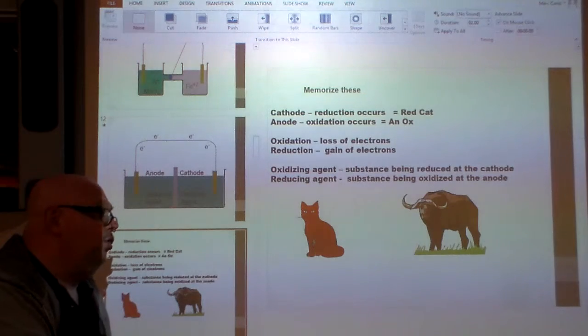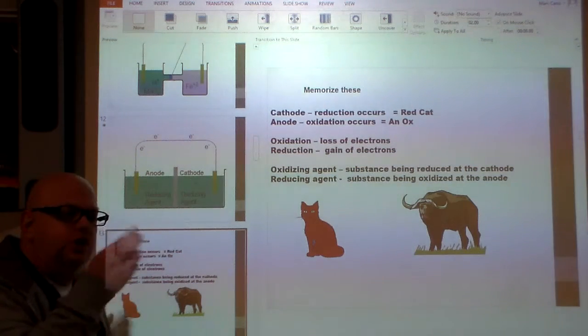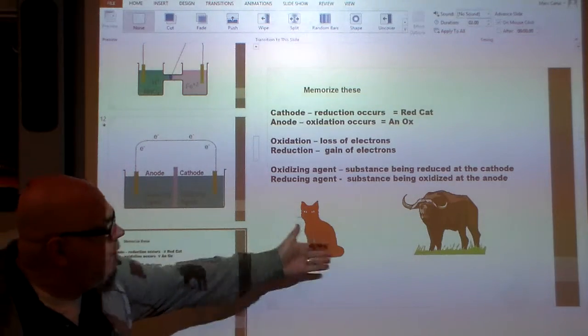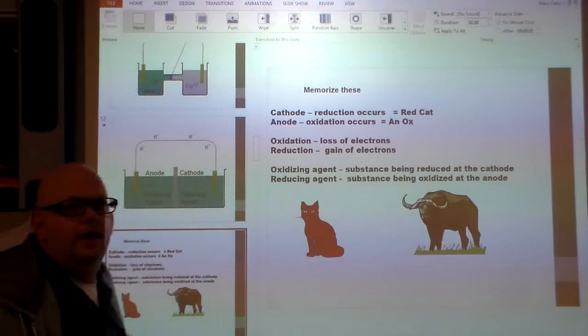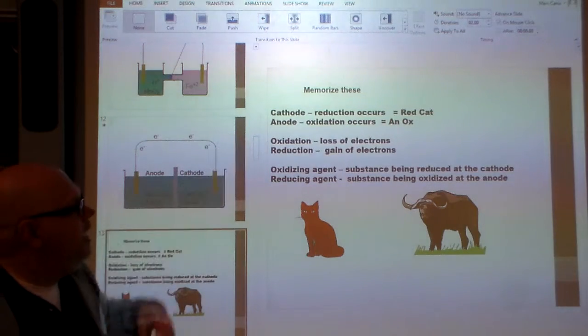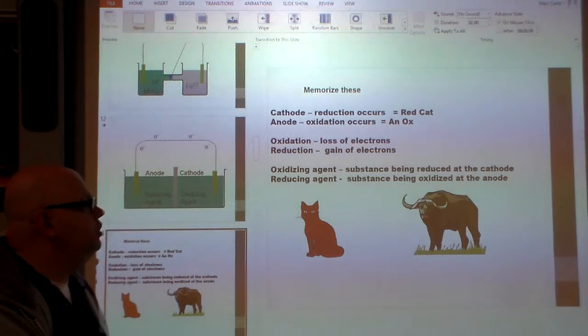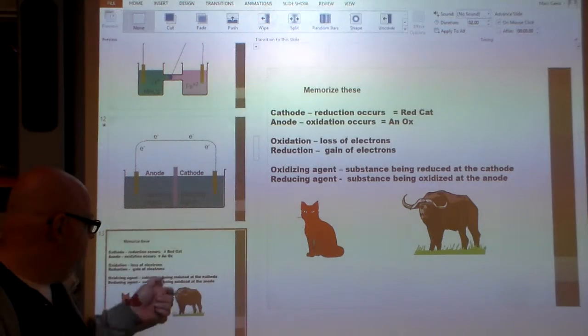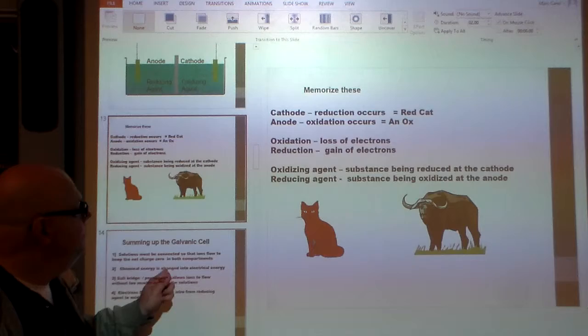But at the anode, that's where the oxidation occurs. That's where you have an ox. So we have our red cat and we have our an ox. That's a great way to remember this. Now remember about oxidation and reduction. Oxidizing agent, reducing agent, very, very useful to have.